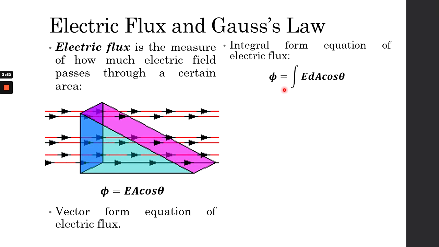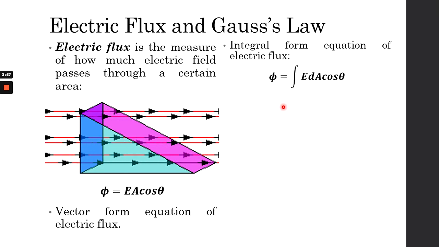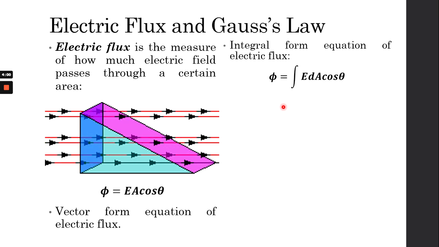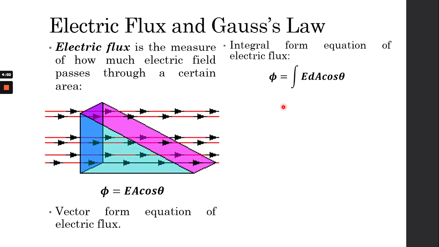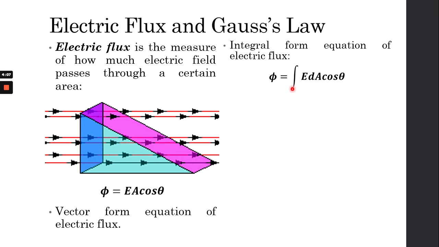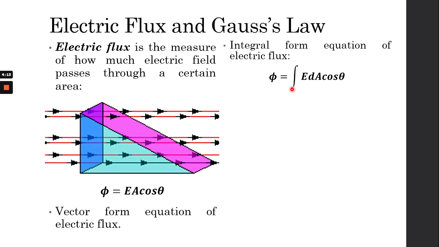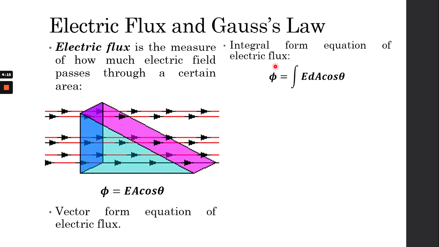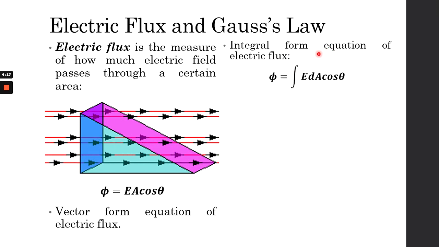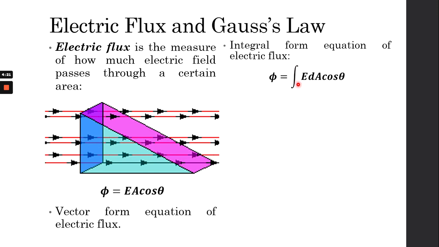We're actually talking about the sum of very, very small areas or small samples of that area. So every time you hear me talk about integral, I'm just talking about the sum of very small pieces of area.